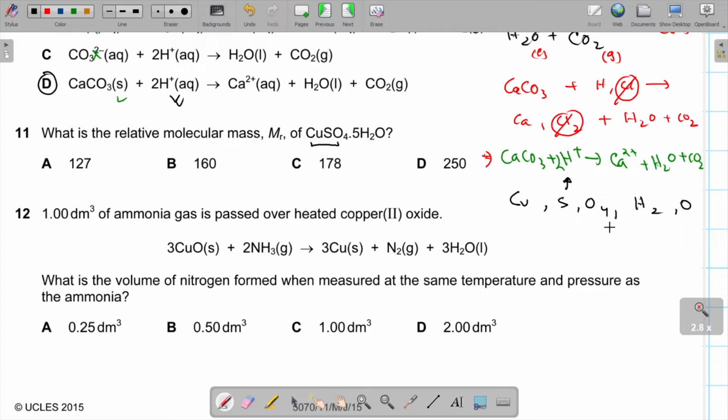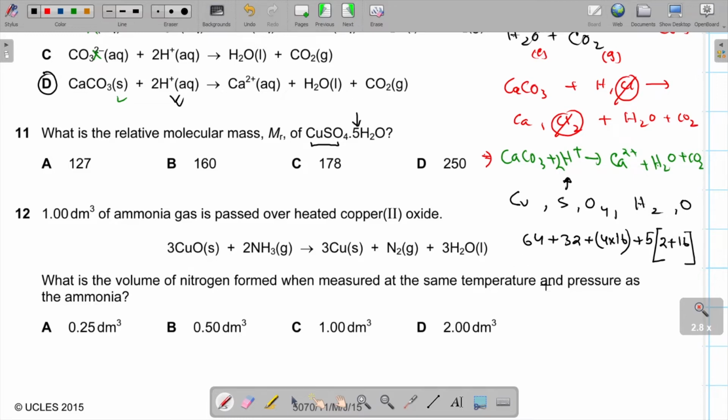So what about copper? You're going to move on to the periodic table to find the MR of copper. So the MR of copper from the periodic table is 64, sulfur is 32, and oxygen, there's 4 oxygens, so 4 times 16. Plus, we have this dotted 5 before H2O. So you have to put the dotted 5 notation to 2 plus 16, because hydrogen is 2 and oxygen is 16.